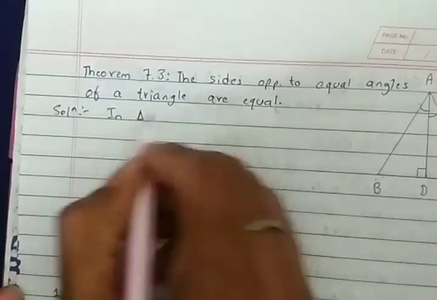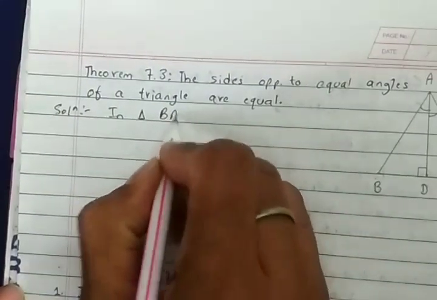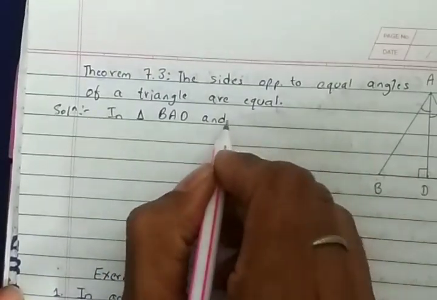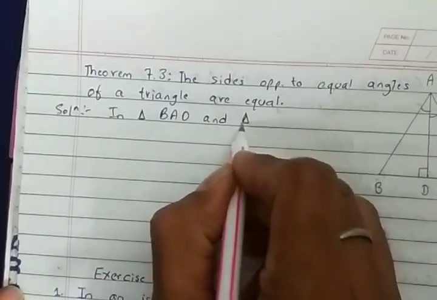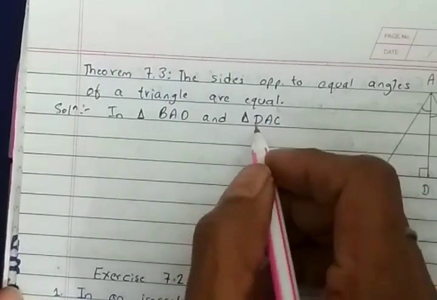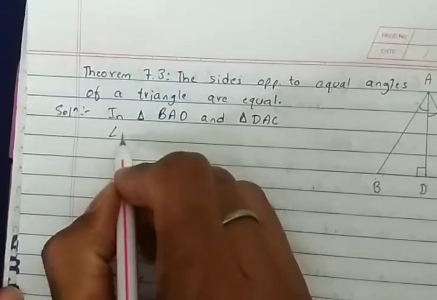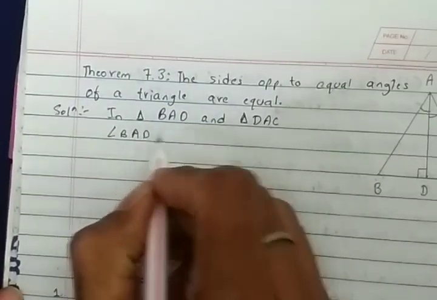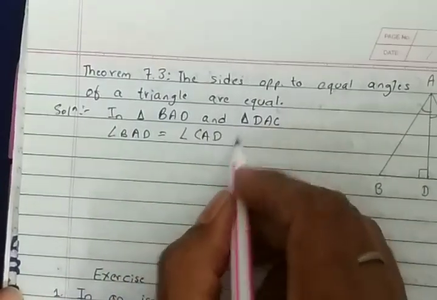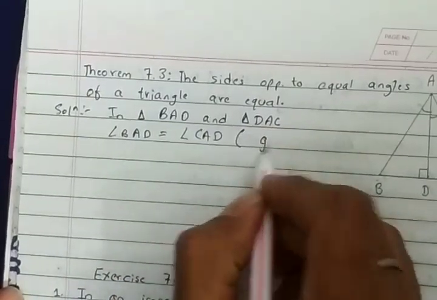In triangle BAD and triangle CAD, angle BAD is equal to angle CAD, because this is given information.